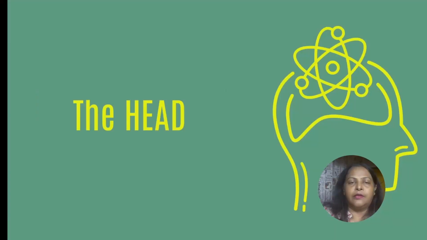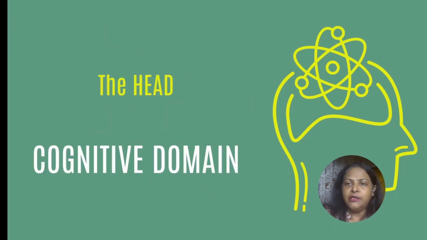So any educational objective, or holistically, we cater to three domains of the child, that is the head, the heart, and the hands. Each of these domains is further subdivided into levels, and let's look at these three domains. The first domain is the head, and it is called the cognitive domain. It is everything to do with thinking, understanding, analyzing, all the head work that we do.